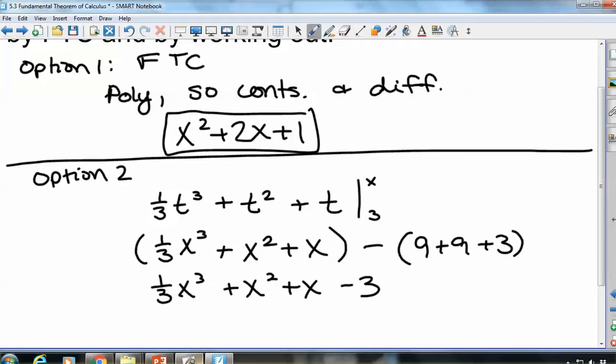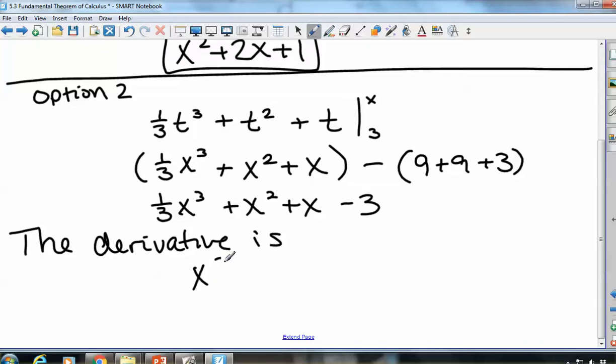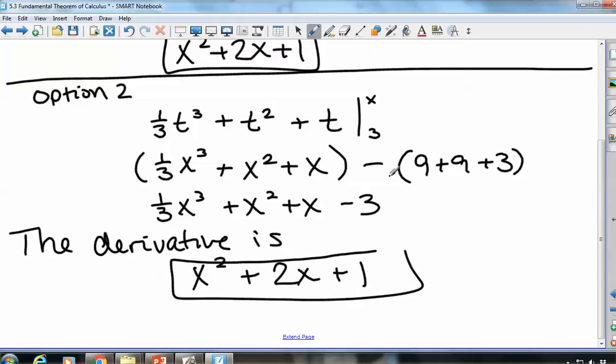And so we get this function. That's our antiderivative. Now the original problem was to find the derivative of it. What's the derivative of this? X squared plus 2x plus 1.